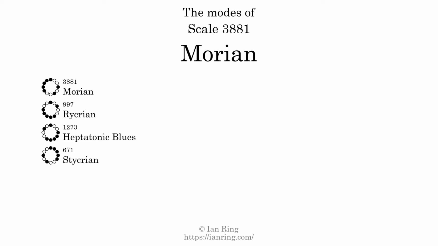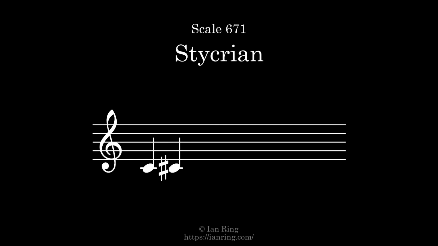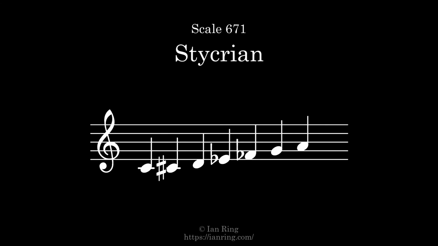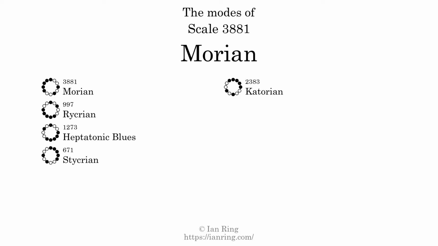The fourth mode is scale 671, also known as Morian. It sounds like this. The fifth mode is scale 2383, also known as heptatonic. It sounds like this.